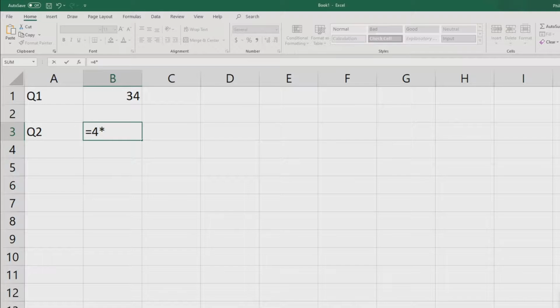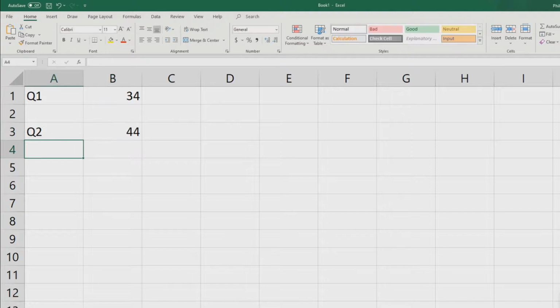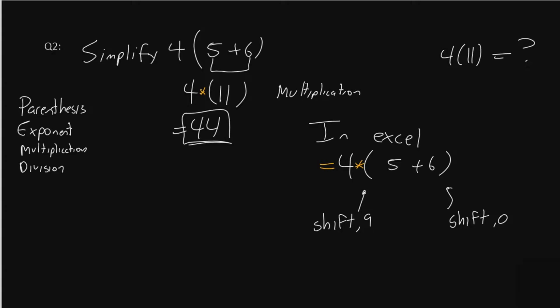So we say times, that was Shift 8, then Shift 9 to open parentheses, 5 plus 6, then Shift 0 to close. Now we got it made. And now just press Enter, and Excel does the math for us, and we get 44. And that was a match for what we got here.